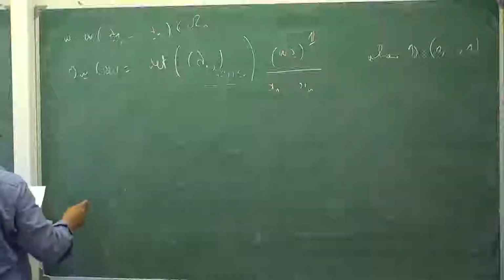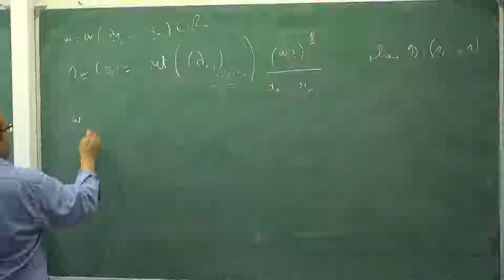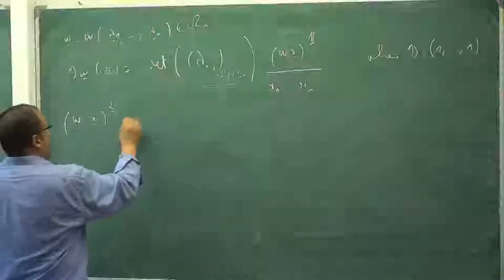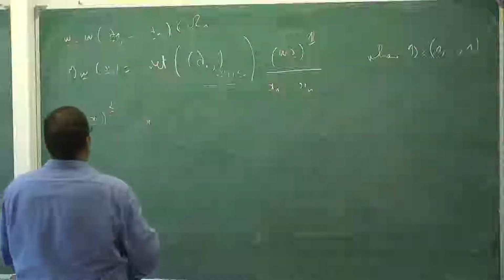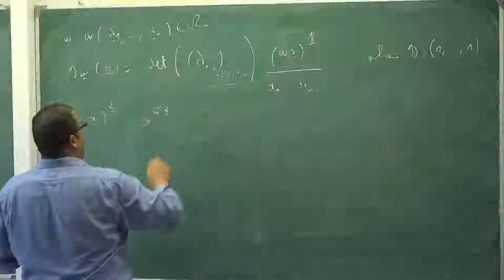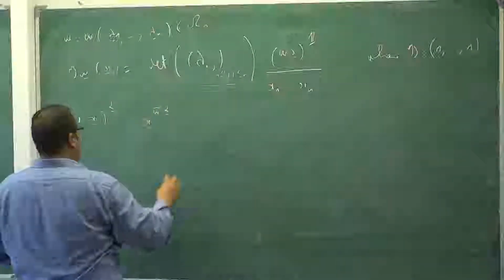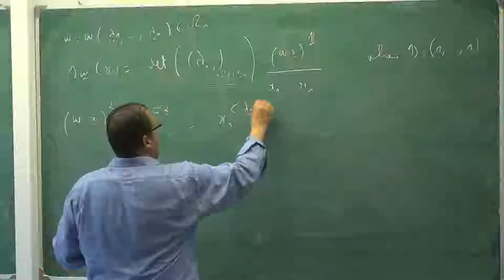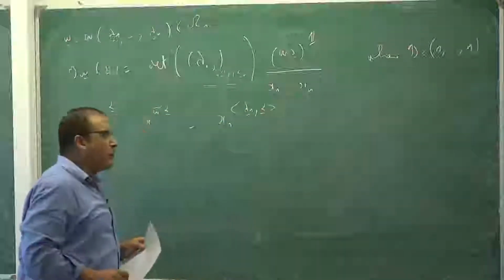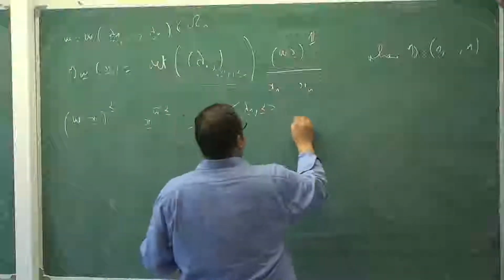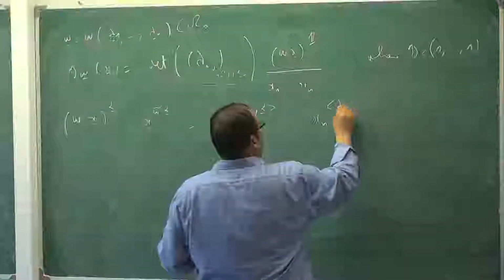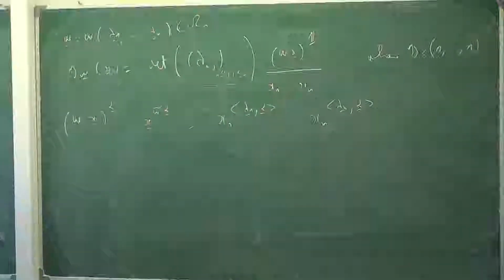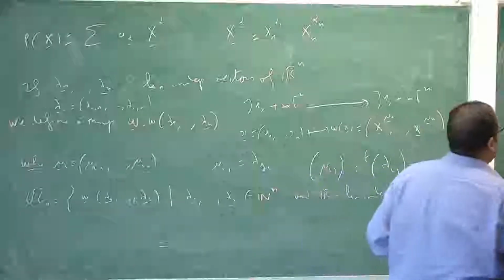We have the formula omega of x alpha equals x to the omega alpha, which equals x1 to the scalar product of lambda 1 and alpha, etc., until xn to the scalar product of lambda n and alpha, for any alpha.